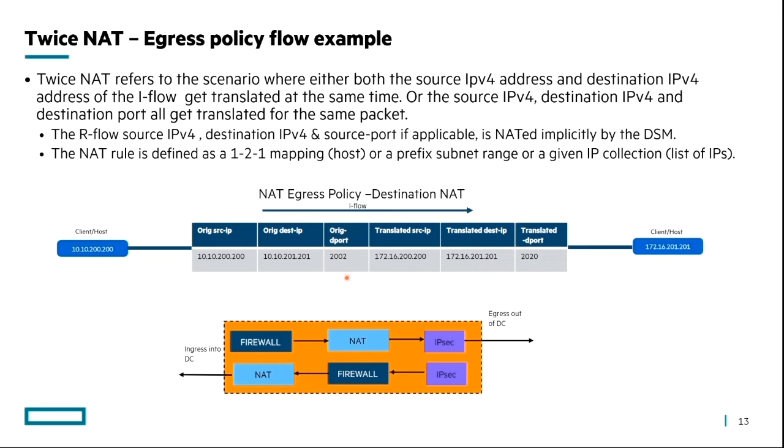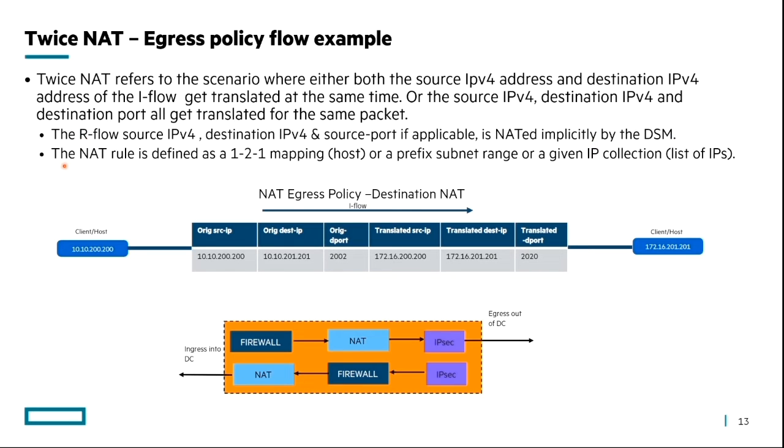Also, the originating destination port in this example has been translated from 2002 to 2020. And the rFlow, the responder flow, the source IPv4, destination IPv4, and source port, if applicable, are NATed implicitly by the DSM for the rFlow.